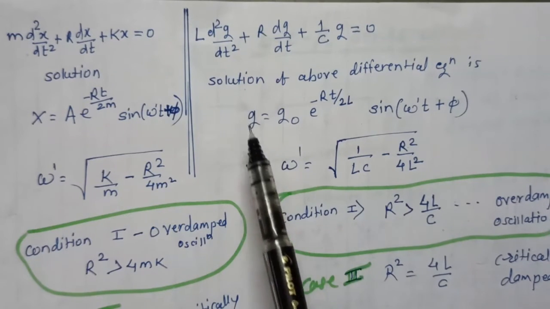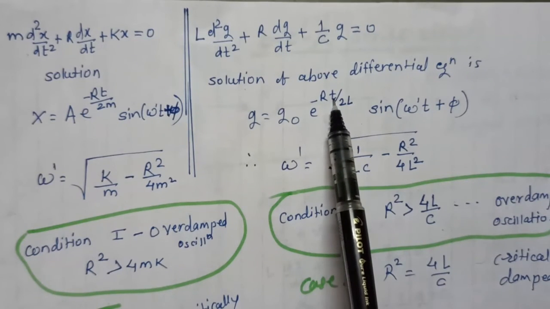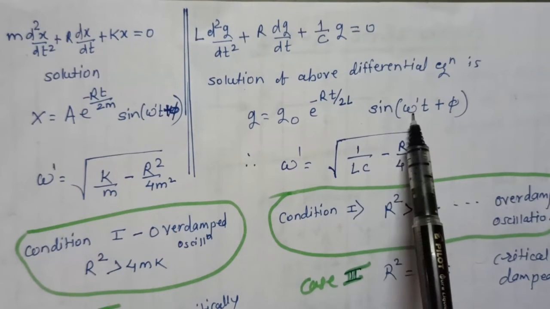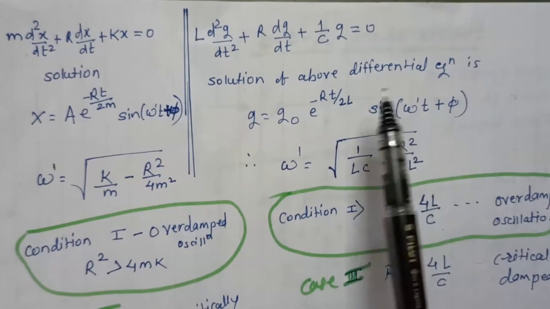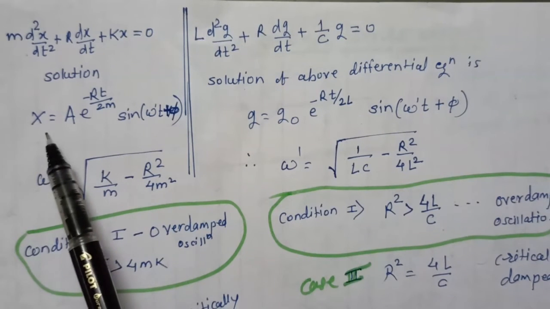The solution is Q is equal to Q0 e raised to minus Rt divided by 2L into sine of omega dash t plus phi. This solution is similar to the solution of damped oscillator.